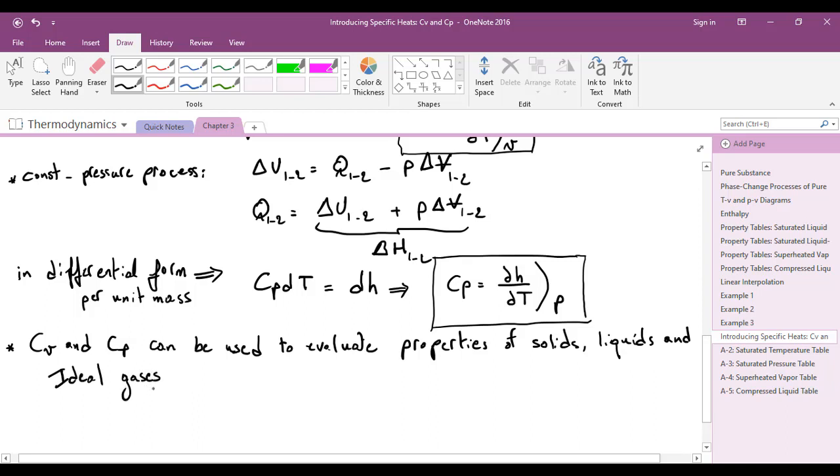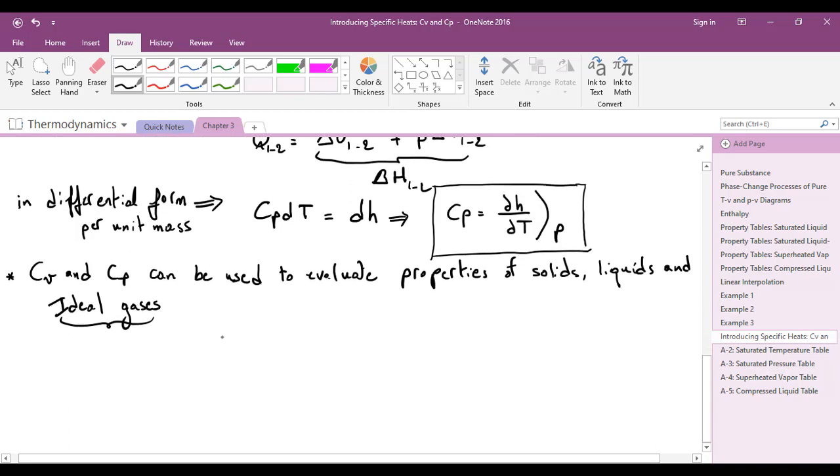For ideal gases, we will discuss them later in coming sections. But now I will talk about how to use Cp and Cv to evaluate the properties of solids and liquids.